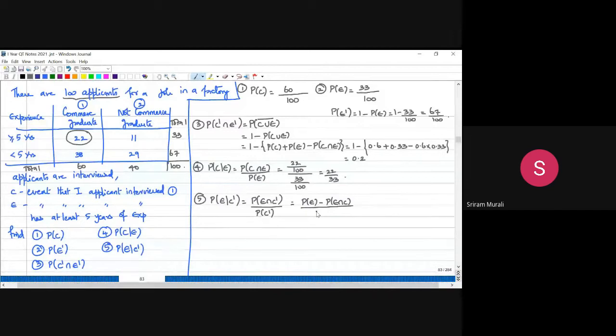Then I will get exclusively the required part. This is E bar intersection C bar, it is intersecting in both cases. So already we have found this is equal to 0.2, divided by 0.40. That is equal to 0.5.